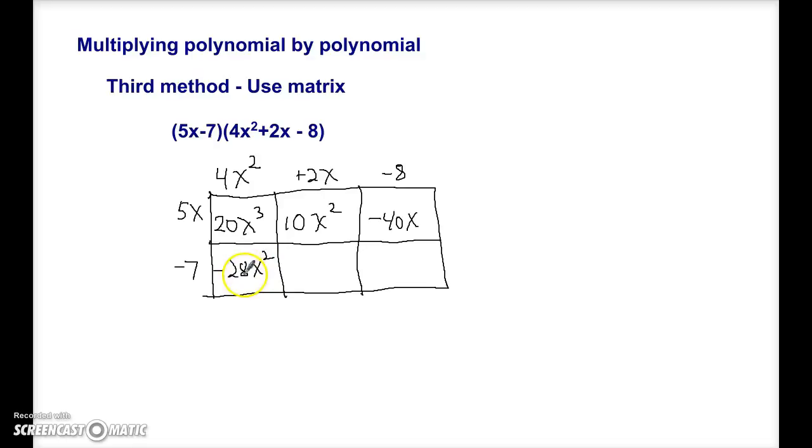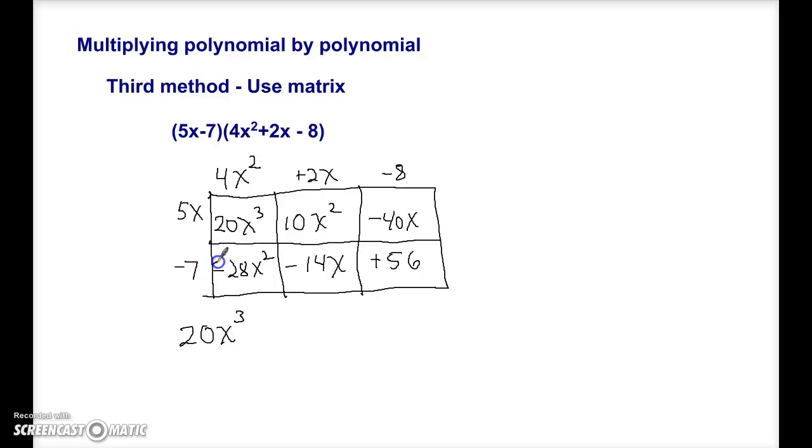Notice I don't worry about them lining up yet. Negative 7 times 2x is negative 14x. And negative 7 times negative 8 is a positive 56. So now I have all the terms, I need to add the like terms. So 20x cubed, again, there is no other x cubed, so I just write that down, 20x cubed.